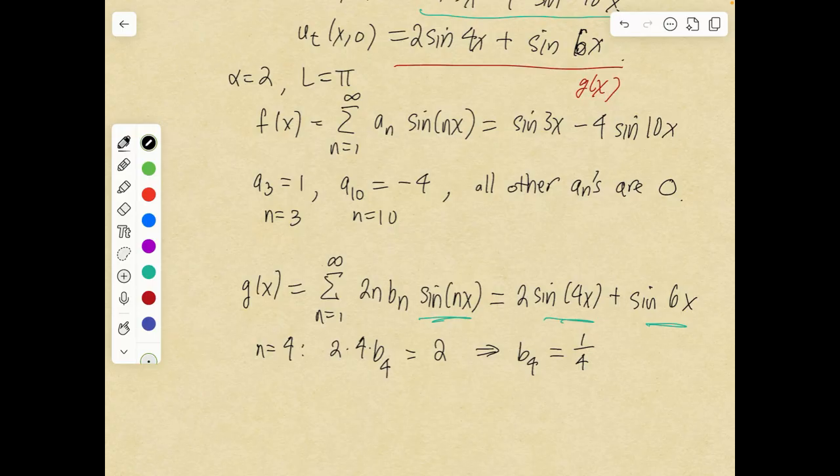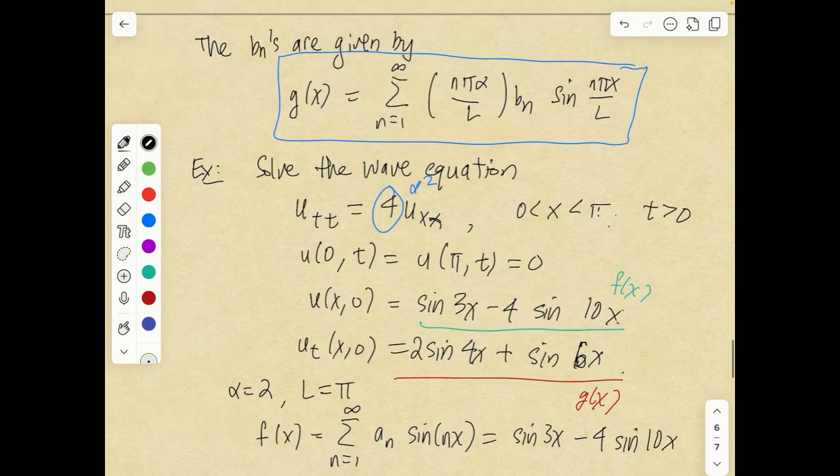Did I do that right? Let's check, because it doesn't match what I have in my notes. In my notes, I said b4 is a half. Okay, let's check n equals 4.